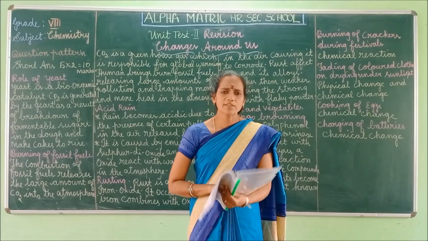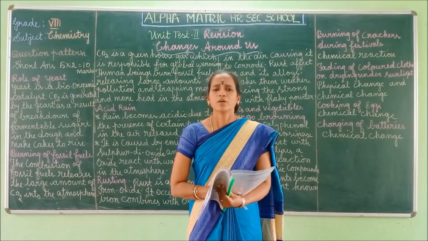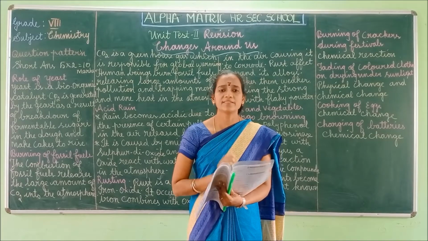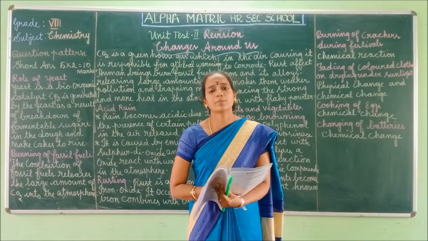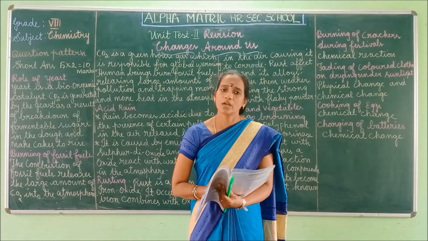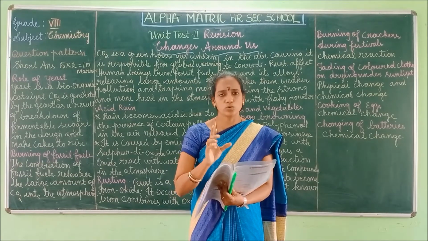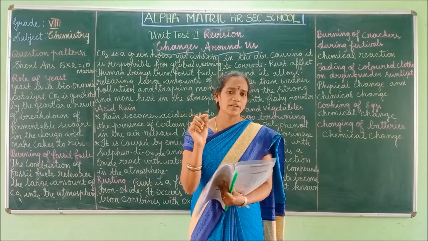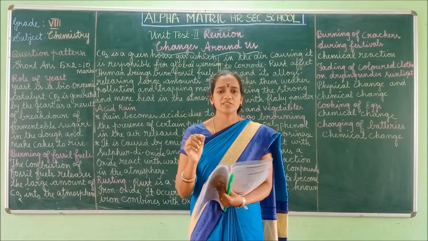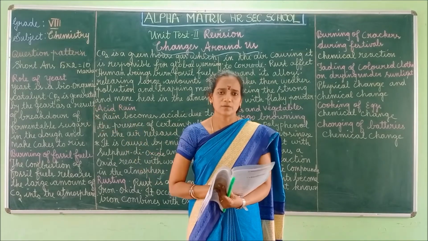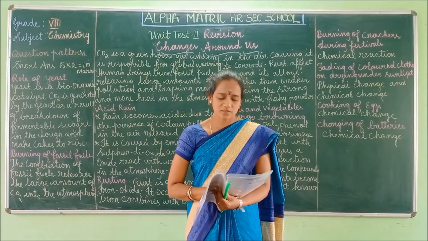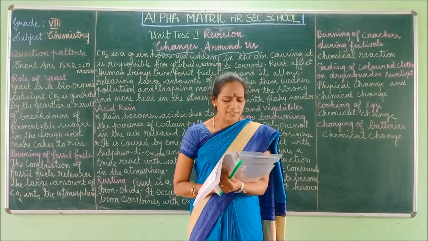Next one, what is pollution? You know very well. Pollution is nothing but an undesirable change that takes place in the physical, chemical and biological properties of the environment. Here you have to underline the undesirable changes that take place in physical, chemical and biological properties. Next, what is tarnishing?